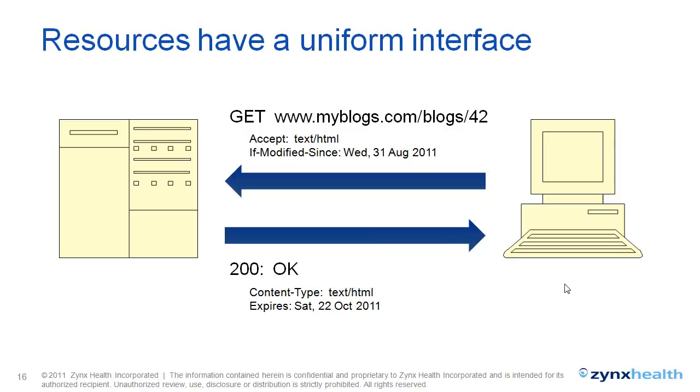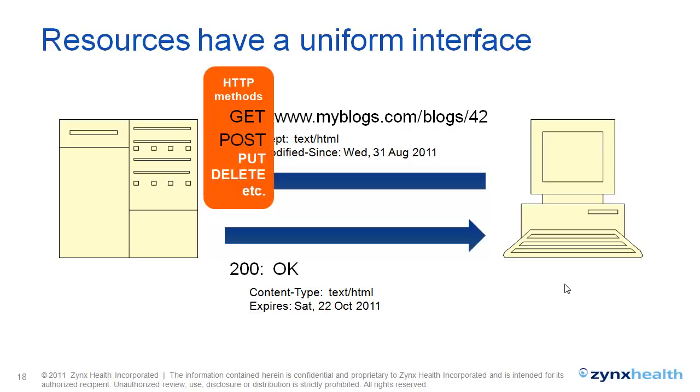Resources, we say, in REST have a uniform interface. In HTTP, this is expressed as, for one thing, the set of methods and their semantics. The GET and POST methods we are all familiar with as those underlying hyperlinks and web forms. But there's a somewhat wider set of methods specified for HTTP.